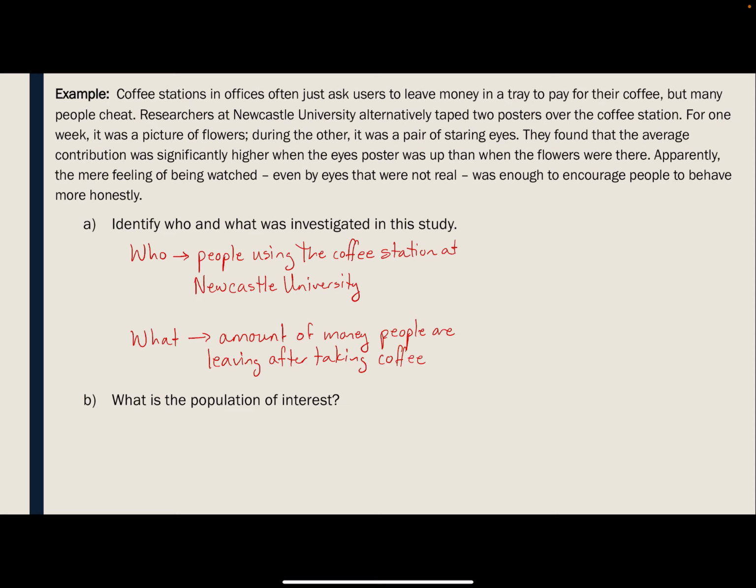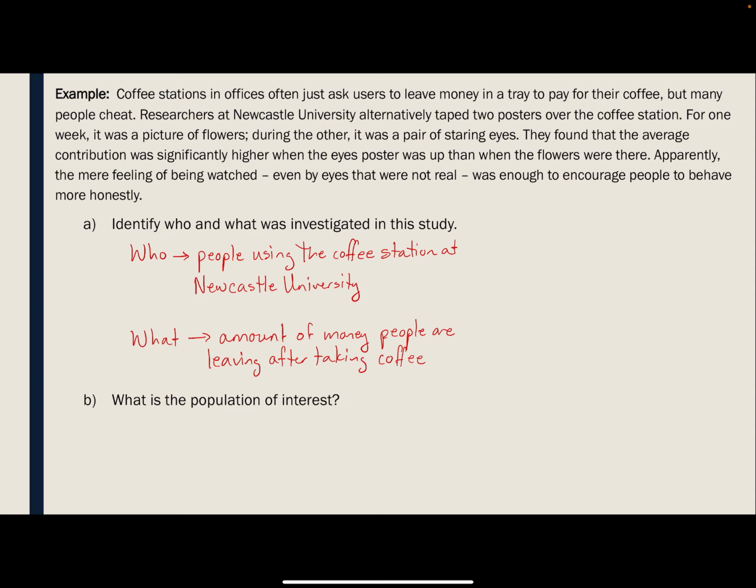So the next question says, what is the population of interest? So by doing this experiment, what is the group of people that these researchers are trying to understand? Are they trying to understand coffee drinkers? Are they trying to understand people who attend this university?